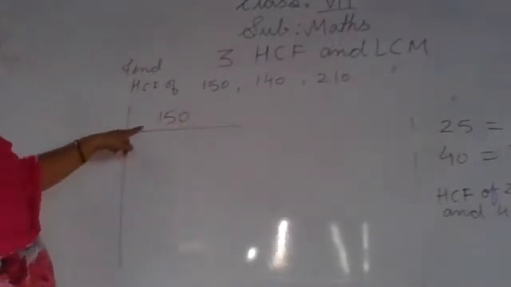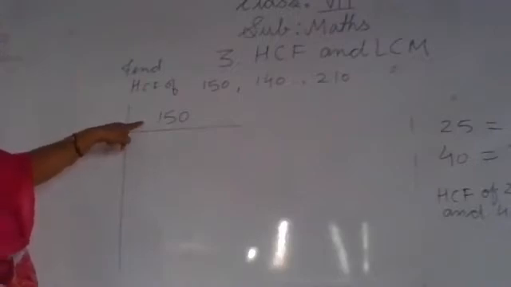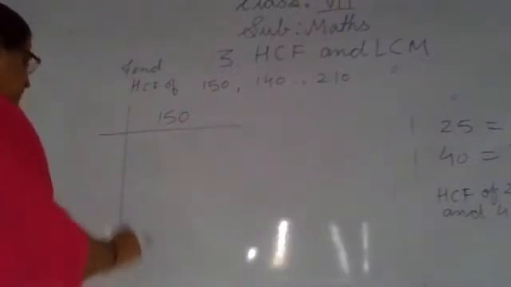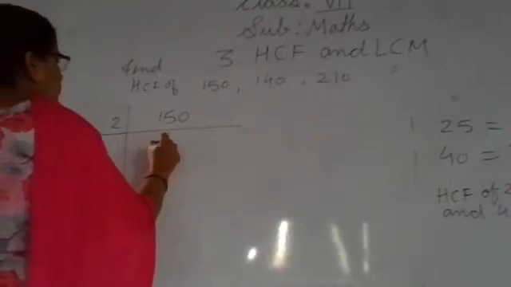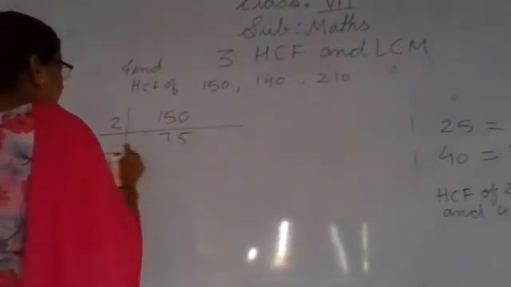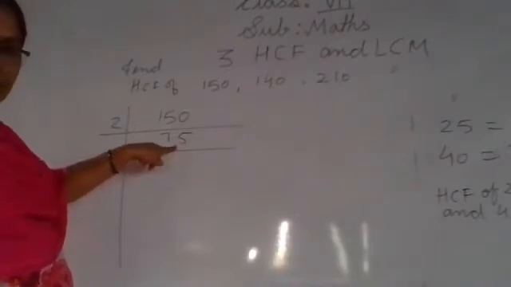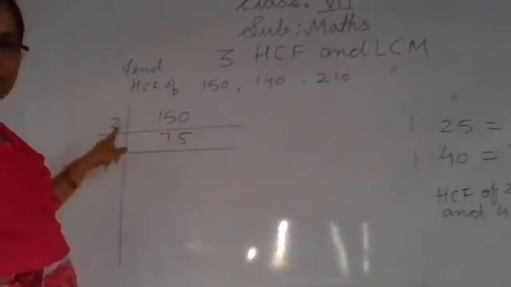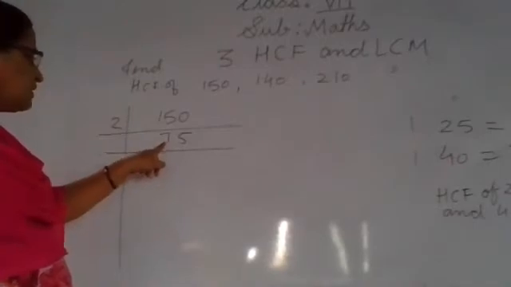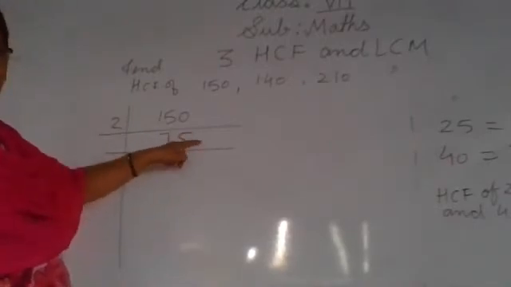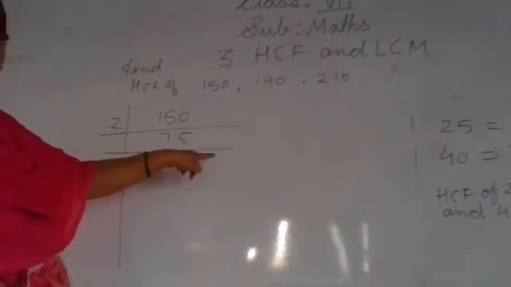150. Now see, beta, 150 is an even number. So we will start with 2. 2 75s. Now 75 is an odd number. So we will take the next prime number, 3. Now see, beta, 7 plus 5 is 12. That means it is divisible by 3.